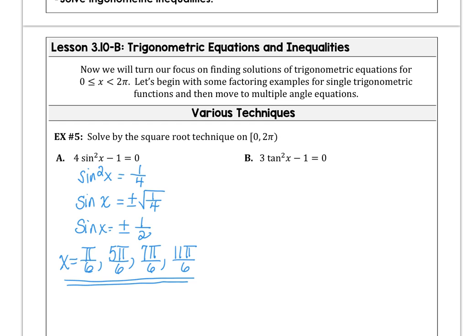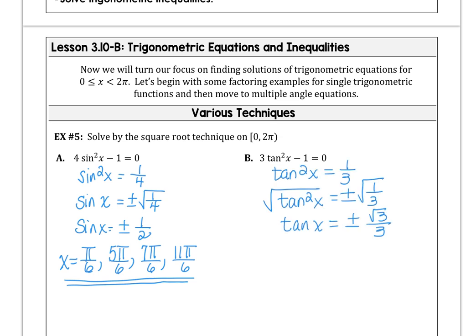In example B, 3 tangent squared x minus 1 is 0. When tangent squared is 1/3, the square root of both sides is tangent of x, and the square root of 1/3 rationalized is going to be the square root of 3 over 3 to make that simpler to find.